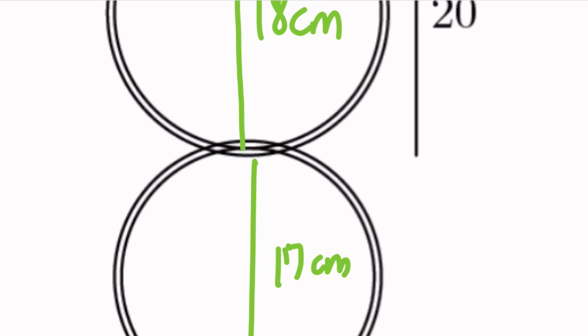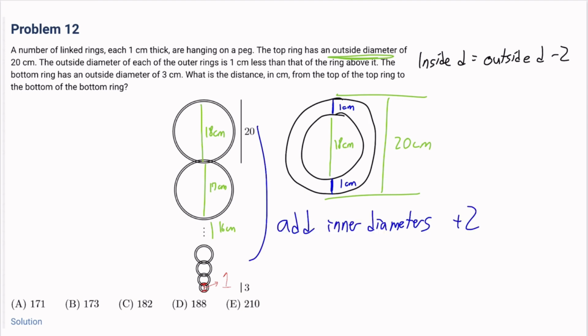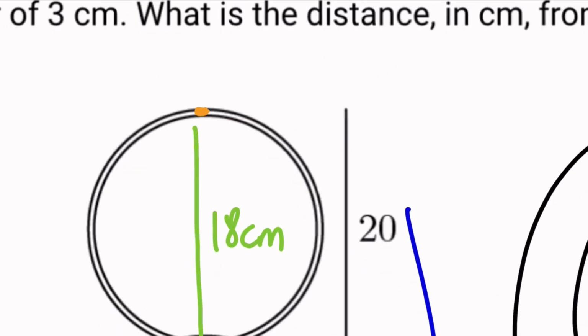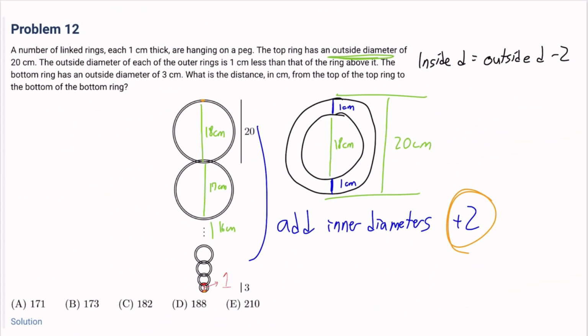And so to get the whole thing, we can just add all of the inner diameters plus 2, right? And this plus 2 is because we also have the outer diameter of this one and the outer diameter of this one, right? And that is included in the distance from the top of the top ring to the bottom of the bottom ring.